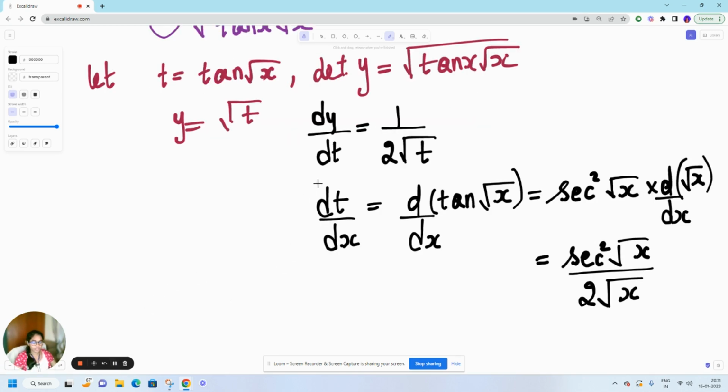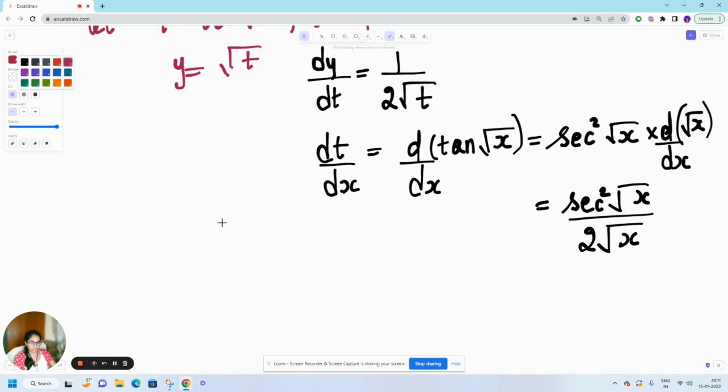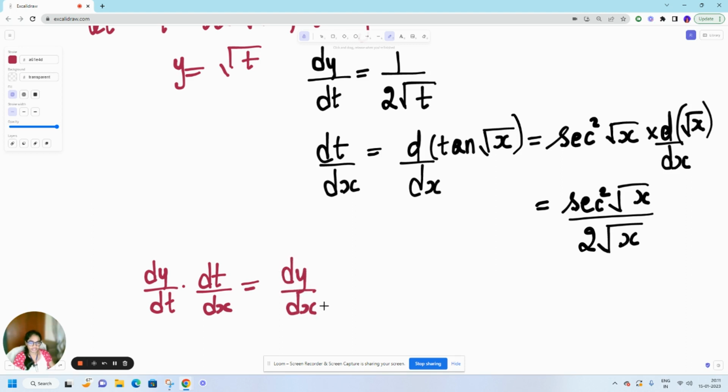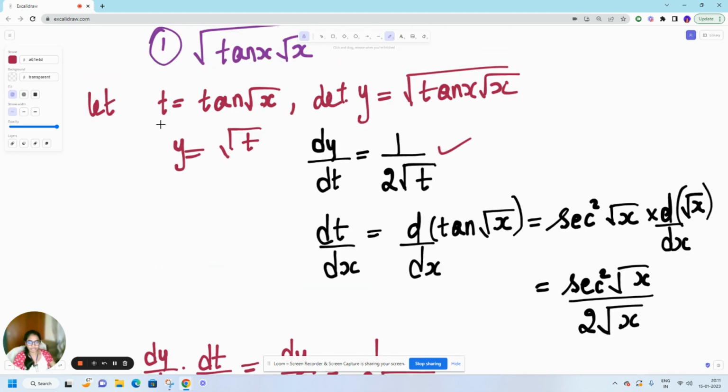So now we know dy by dt and we know dt by dx. What if we write their product? That is, dy by dt into dt by dx would give us dy by dx. So this is equal to 1 divided by 2 root of t. The value of t is tan root x.